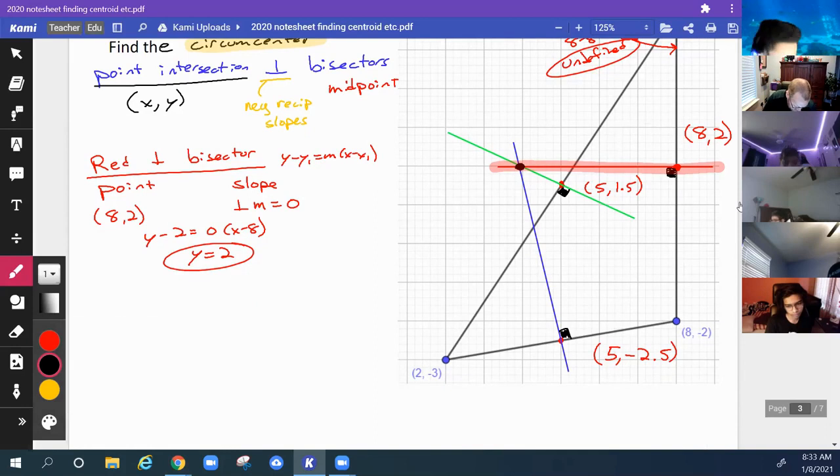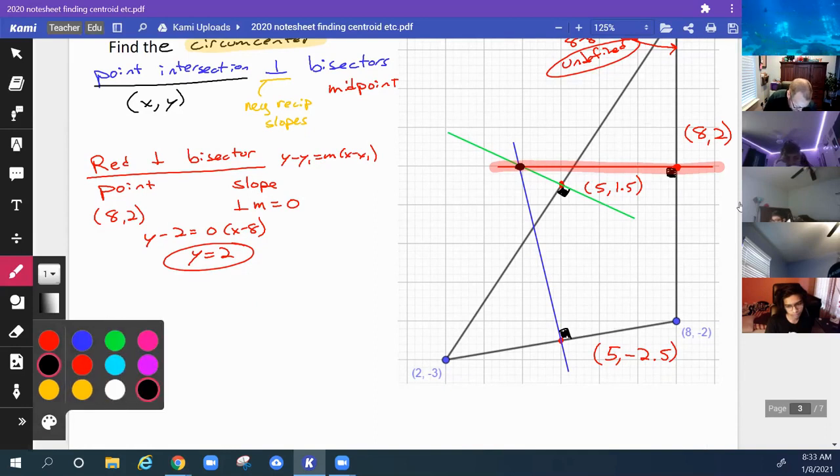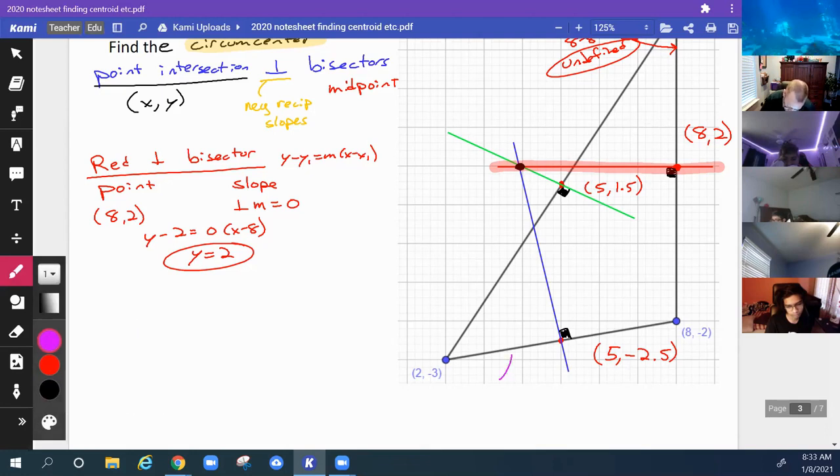I'm gonna go purple here. I know that the slope here is going to be -2 minus -3 over 8 minus 2. So that is going to be 1/6. Okay.